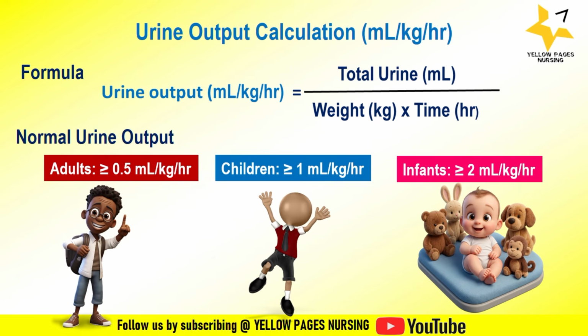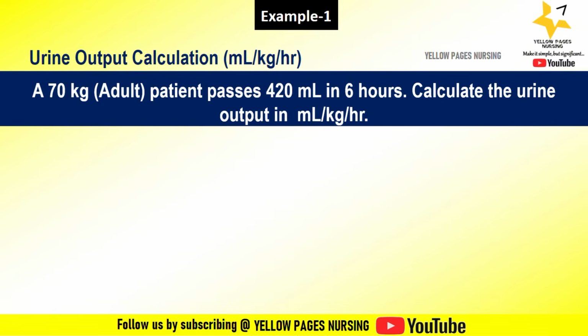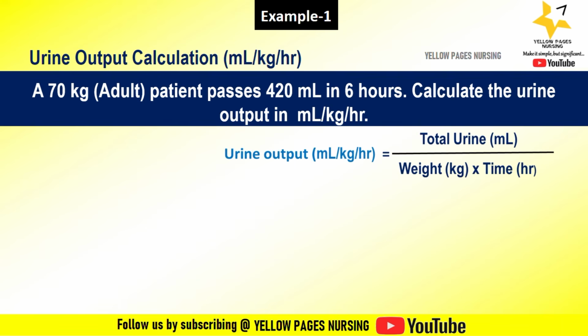Let's do a few examples. A 70 kilogram adult patient passes 420 ml urine in 6 hours. Calculate the urine output in ml per kg per hour. So as we know, the formula is urine output in ml per kg per hour is equal to total urine in ml divided by weight multiplied by time in hours.